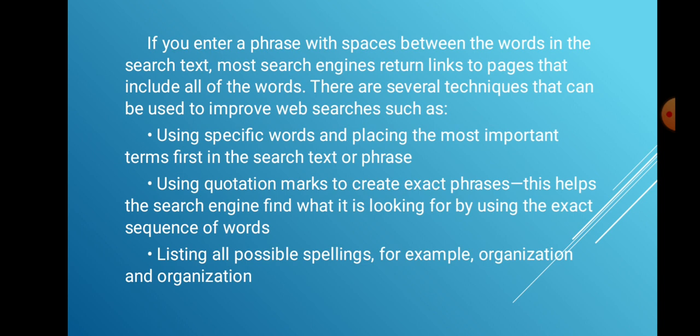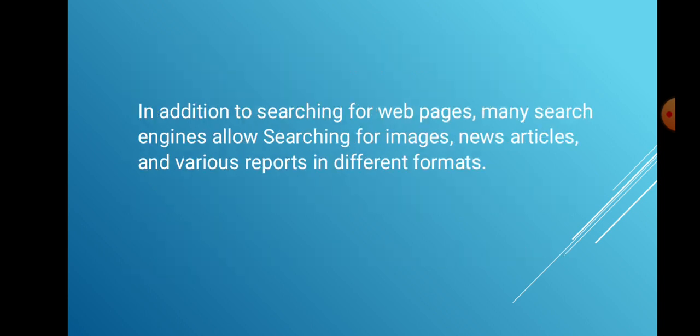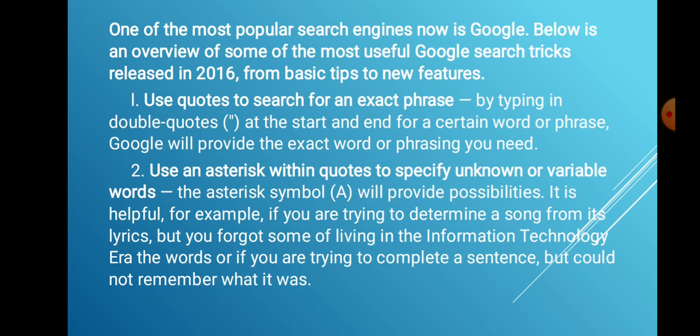This helps the search engine find what it is looking for by using the exact sequence of words, and using all possible spellings, for example, organization and organisation. In addition to searching for web pages, many search engines allow searching for images, news, articles, and various reports in different formats. One of the most popular search engines now is Google.